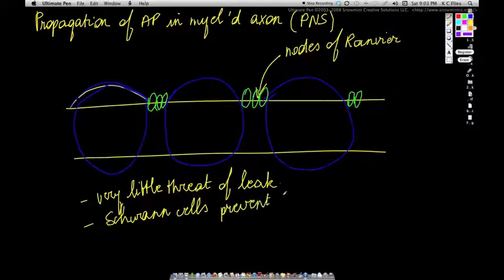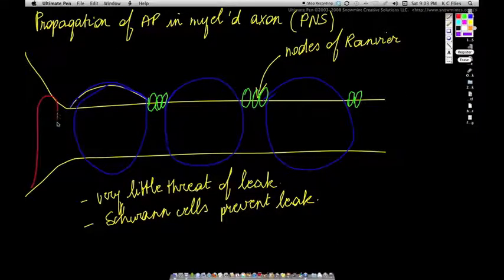Now, therefore, let's assume that our axon hillock is right here, and our action potential, bang, fires here, and then it recreates itself here.